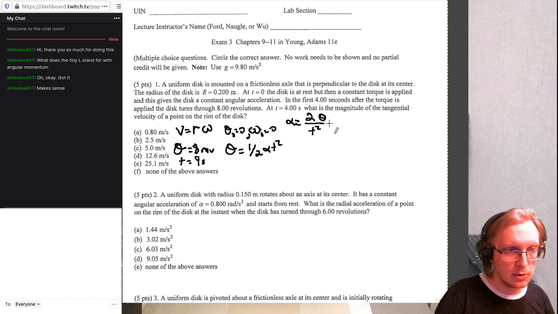So we end up with 16 revs per 4 seconds squared. So alpha is equal to 1 revolution per second squared.